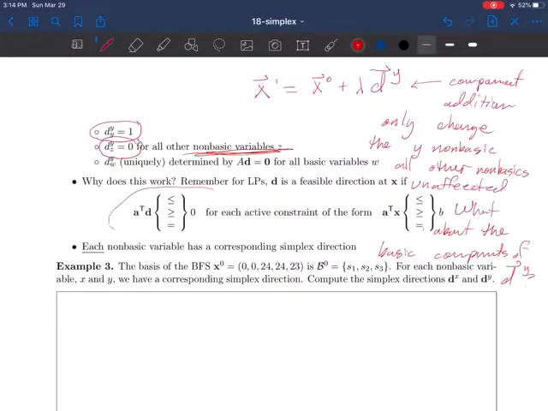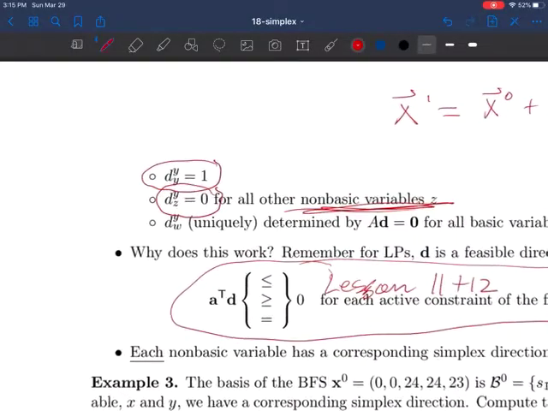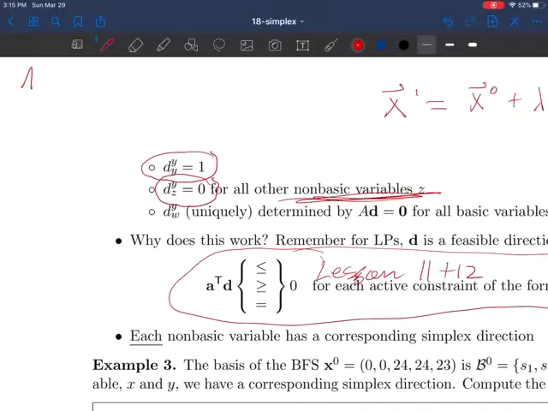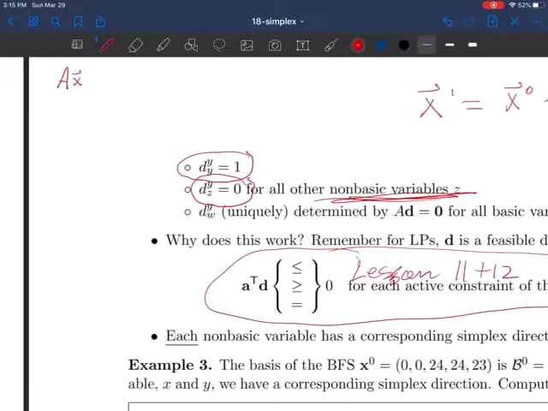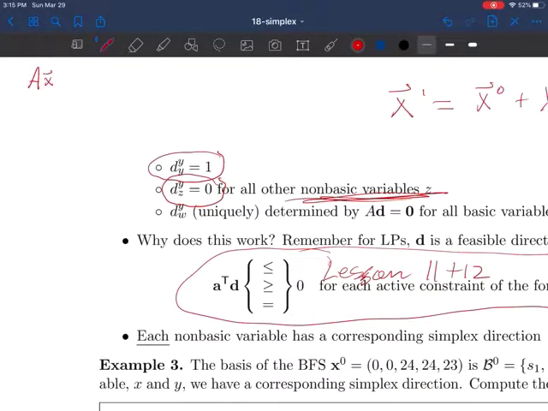Okay, for that, we're going to rely on the fact that this thing that we calculated for improving directions, so we did this in lessons 11 and 12. Okay, and I'll write down the algebra for it right now. What we have here is Ax. Forget about the non-negativity for right now. Just think about the equality constraints. The equality constraints must be satisfied. And right now, we have them satisfied by Ax0.